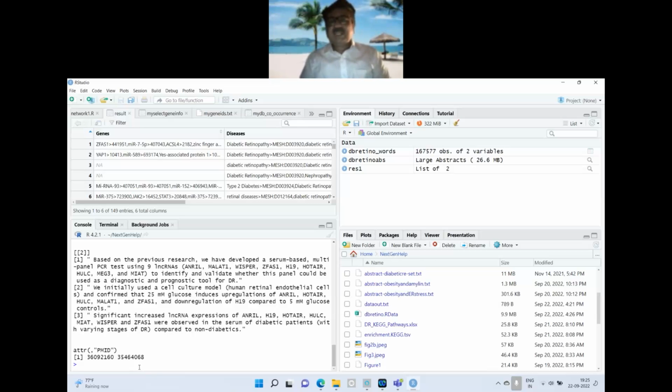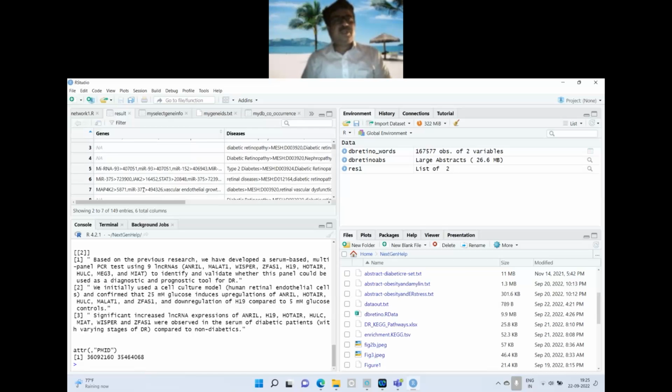Now, let us take a second example. Here we have, for instance, other sets of miRNAs also occurring in other papers. So, let's look at MIR 93.